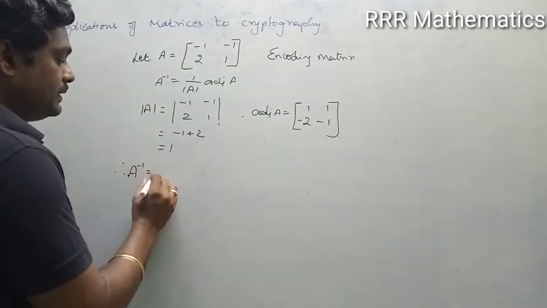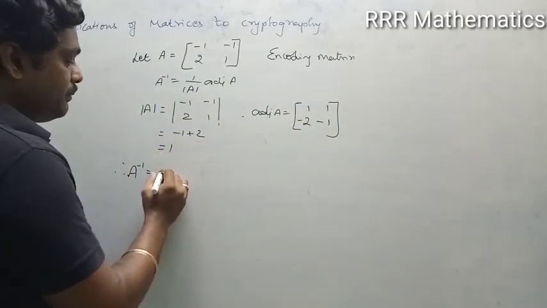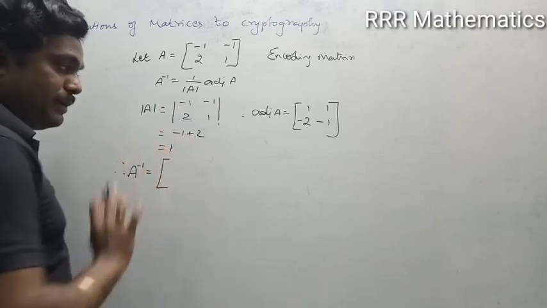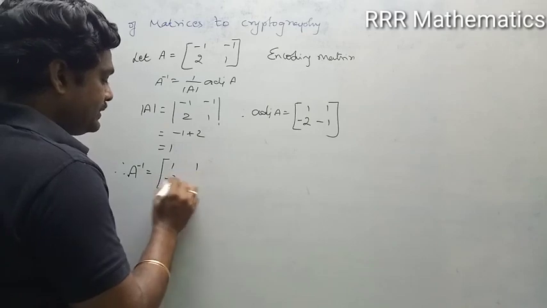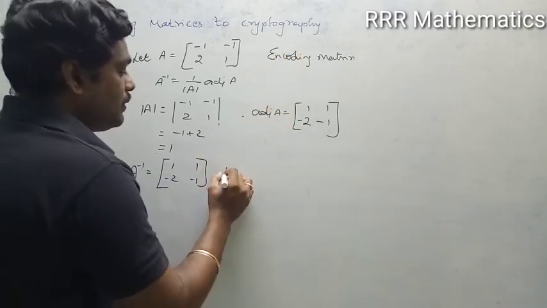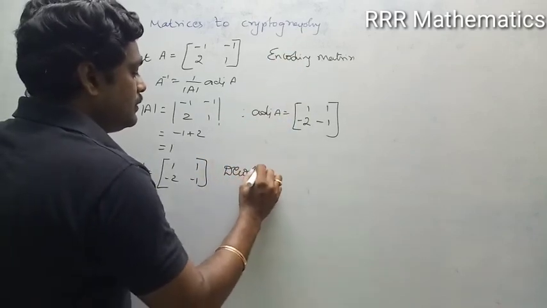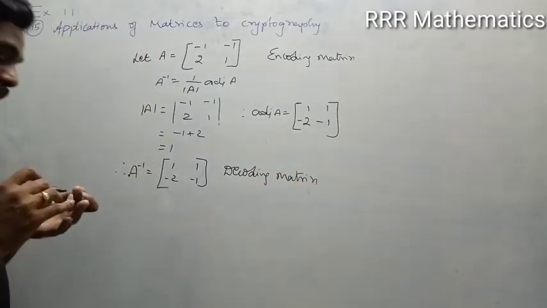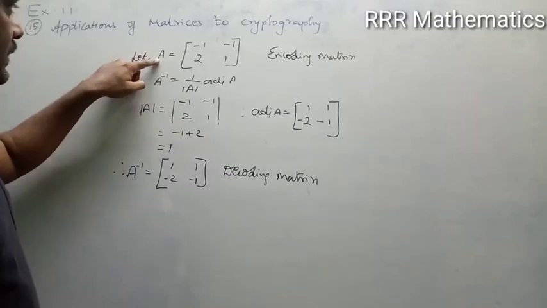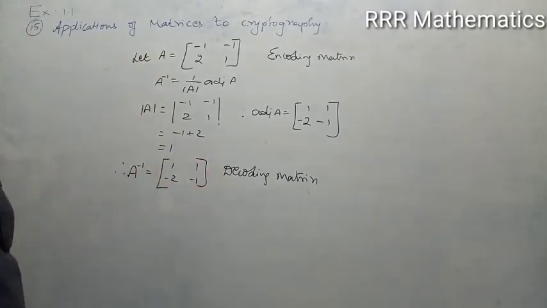Therefore A inverse is 1 by determinant A, that is 1 by 1, which is 1, into the adjoint A. This is the decoding matrix.